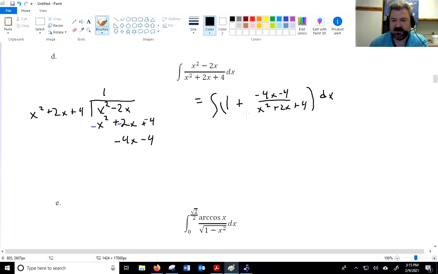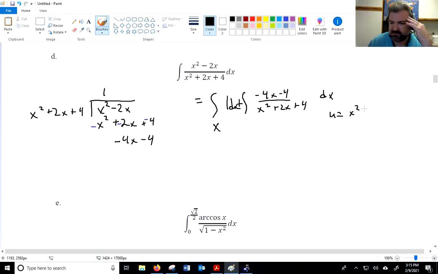Now that we've done that, how close is this to being able to be done by u substitution? Well, I'm actually going to split this up a little bit because I don't need a u substitution for that one. That's easy. So I'm just going to call that x and be done with it. So it's x plus whatever this ends up being.